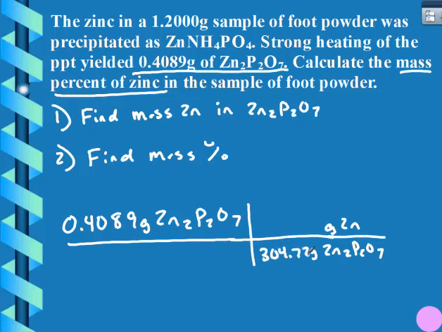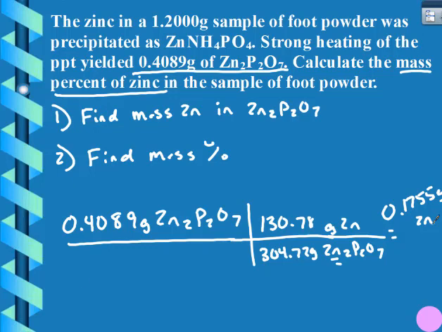So my molar mass of ZnNH4PO4 was 304.72. In this case, I have 2 zincs though. So it should be 130.78 on top. So 0.1755 grams of zinc, because I have 4 sig figs.